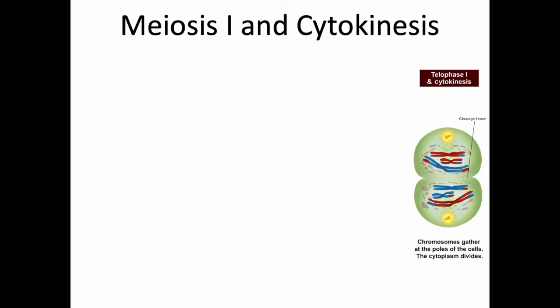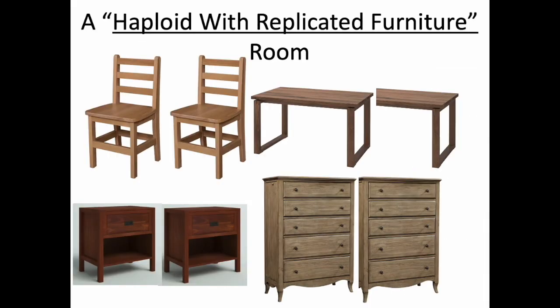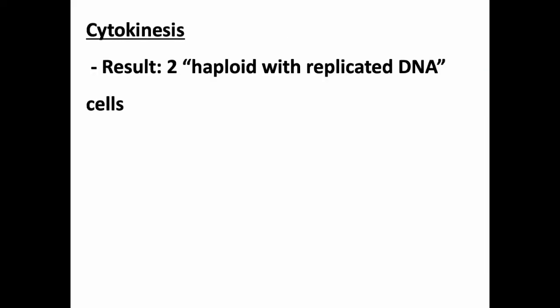These daughter cells are, and this is an awkward phrase, but it is what it is, haploid with replicated furniture, or haploid with replicated DNA. So yeah, this is not a diploid room. This is a haploid room with replicated furniture. Two of the same chair, two of the same table, two of the same nightstand. And that's what these cells are at this point.